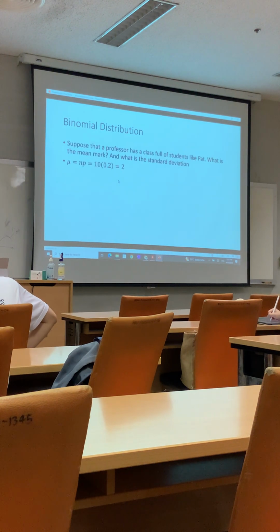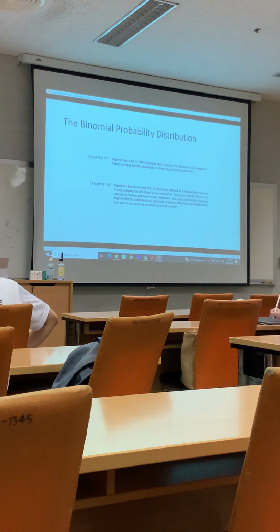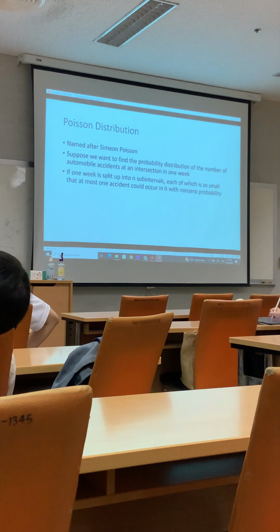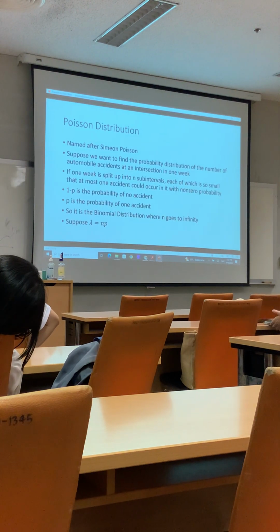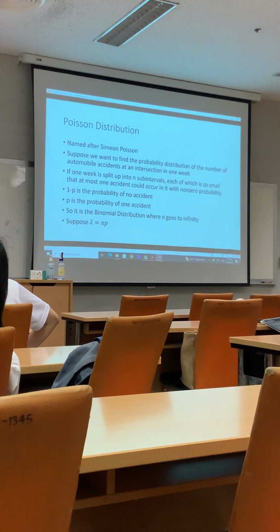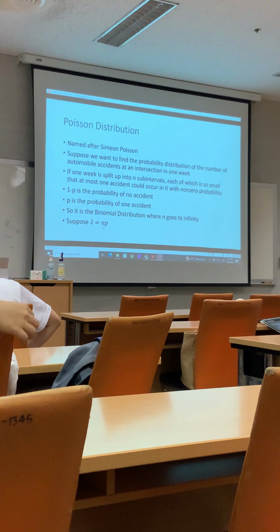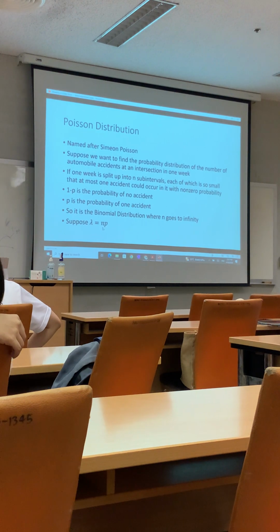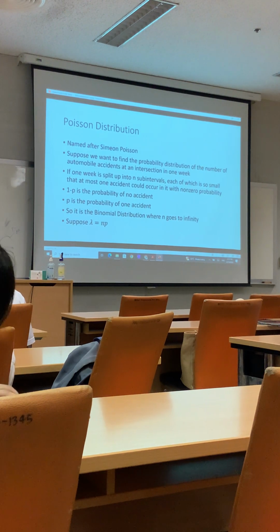So in a sense, in the Poisson, lambda represents the mean. But let me show you why we have lambda. Because n will go to infinity, we cannot replace n with infinity, but we can show that when n goes to infinity, n times p becomes lambda.